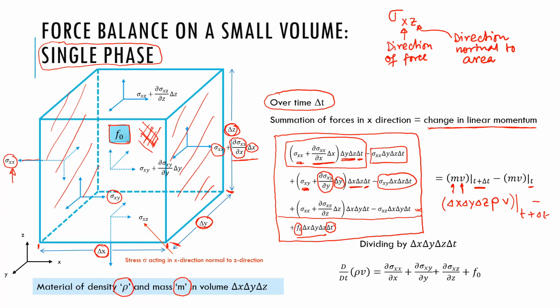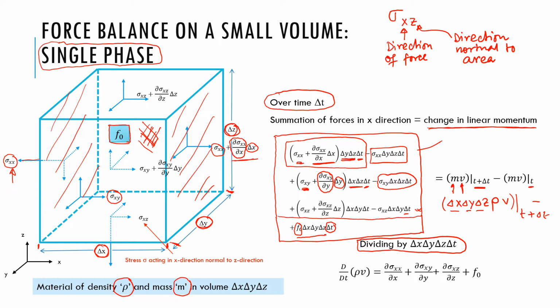Okay, so now you see this delta x, delta y, delta z and delta t are there on both sides, and we need to cancel those and try to get to the differential form. So by dividing throughout by delta x, delta y, delta z, delta t, we get this.